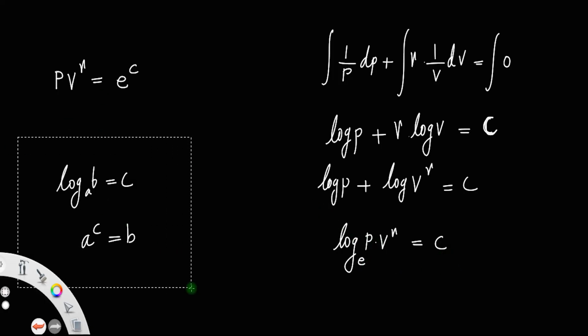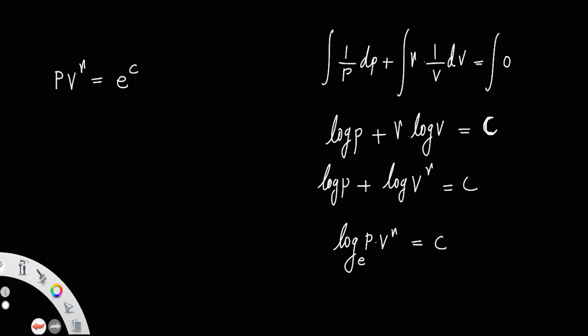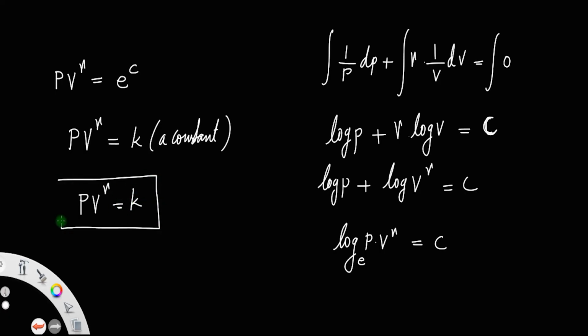But e is already a constant, C again is a constant. So PV raised to gamma equal to K, a constant. PV raised to gamma equal to K is the adiabatic expression for the pressure and volume. You can also write P1 V1 raised to gamma is equal to P2 V2 raised to gamma.